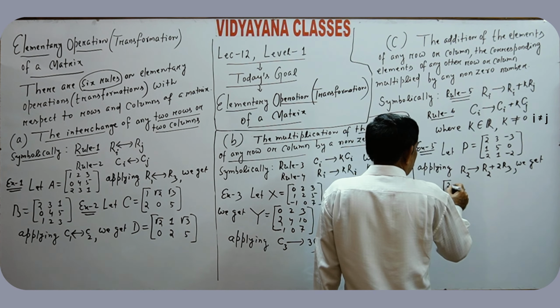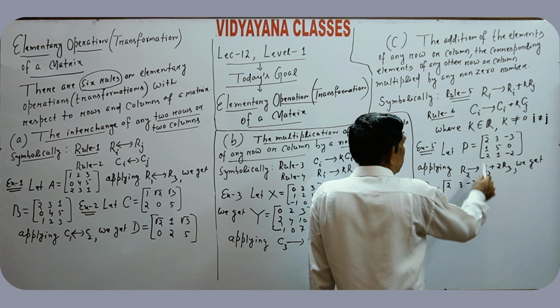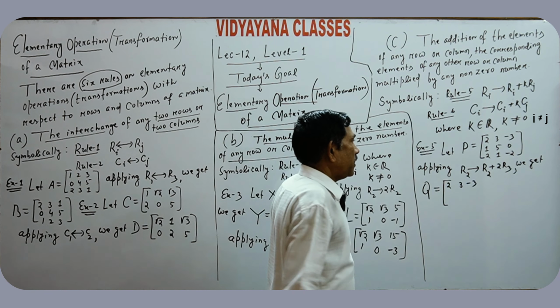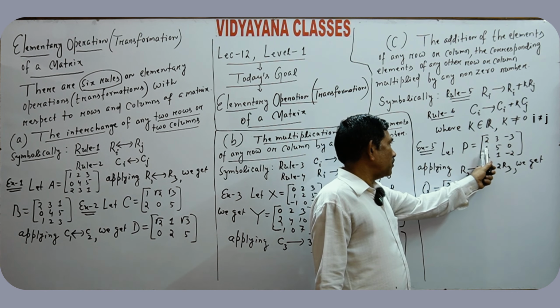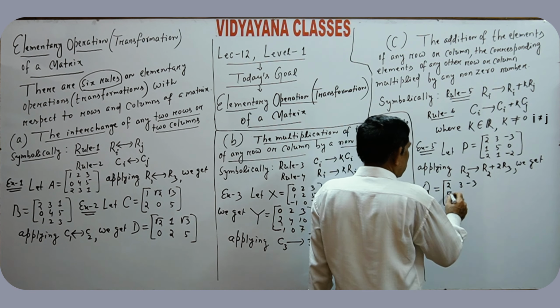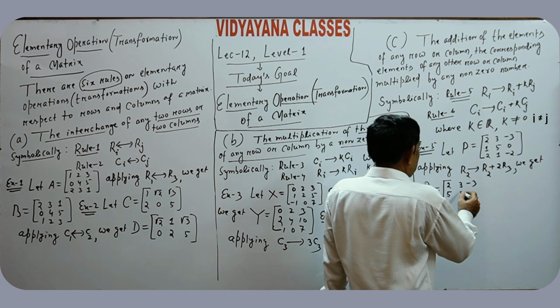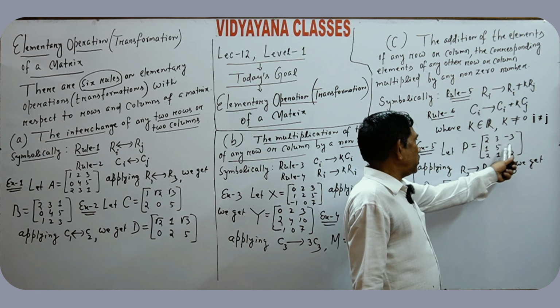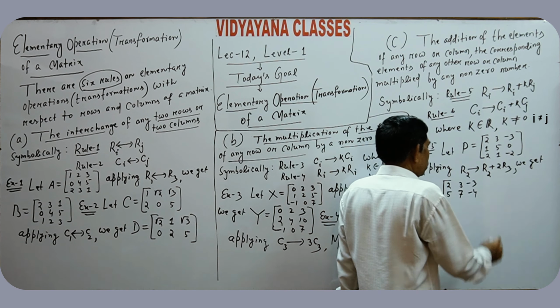Row 1 contains 2, 3, minus 3. Row 2 is replaced by row 2 plus 2 times of row 3. 1 plus 2 times of 2 that is equal to 5. 5 into 2 times of 1 that is equal to 7. 0 plus 2 times of minus 2 that is equal to minus 4.